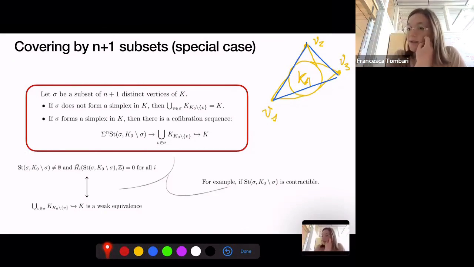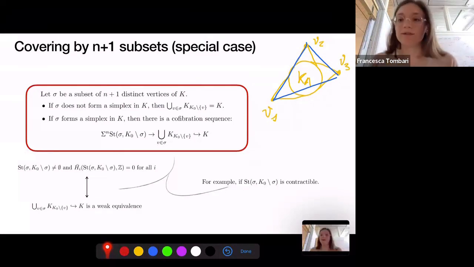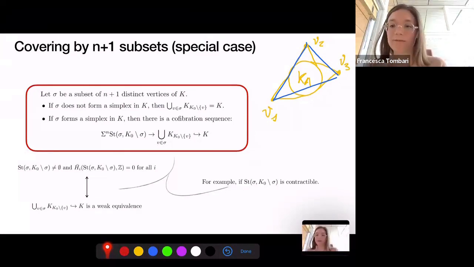But not for infinite, for any manifold. It's just finite for now.